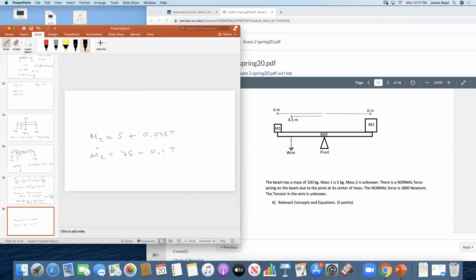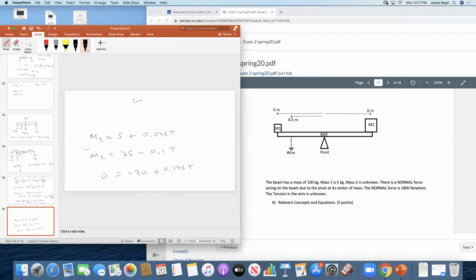I can subtract these two equations if I want. Yeah, let's subtract them. So M2 minus M2 is 0. 5, this is minus 70. This is minus a minus, so this is plus 0.175 t.